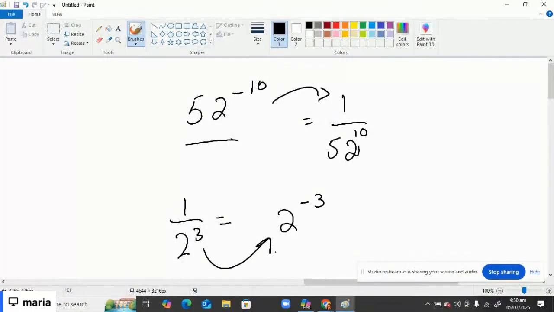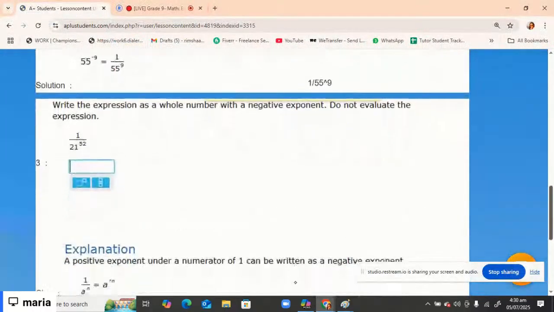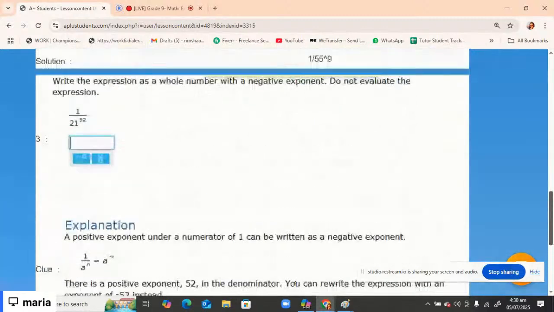If it is already negative, you convert it into positive by putting it in the denominator, and if something is in the denominator and they say solve it, you just put it up and then put the negative sign with its exponent. Okay, that's it. This is the way that we solve it.